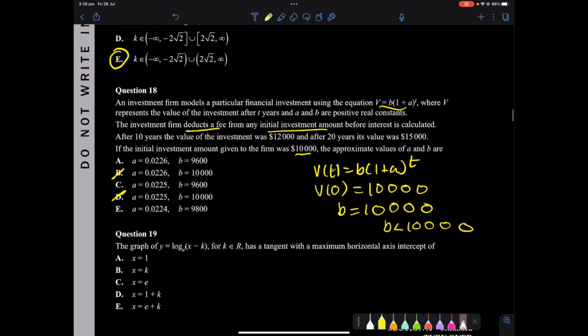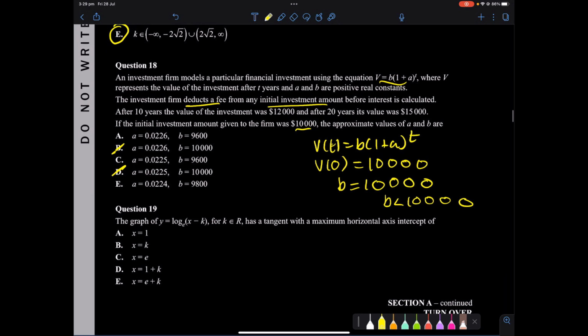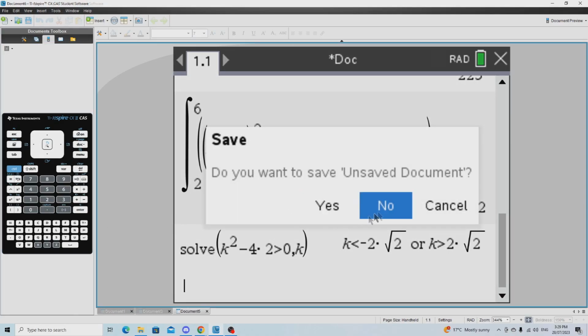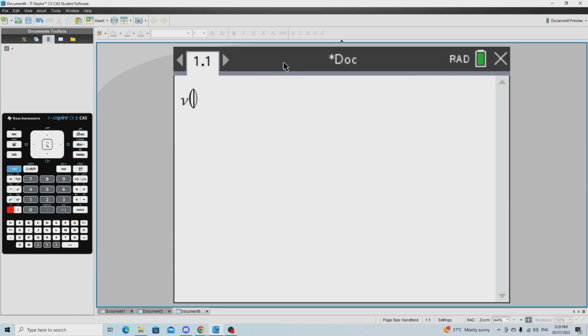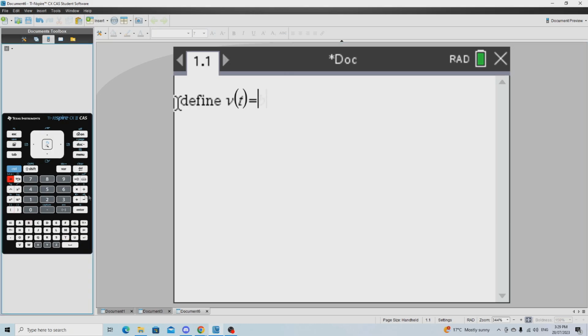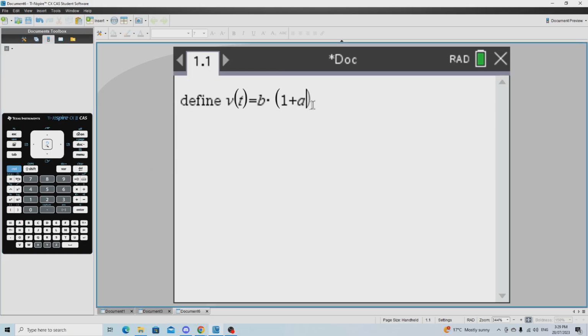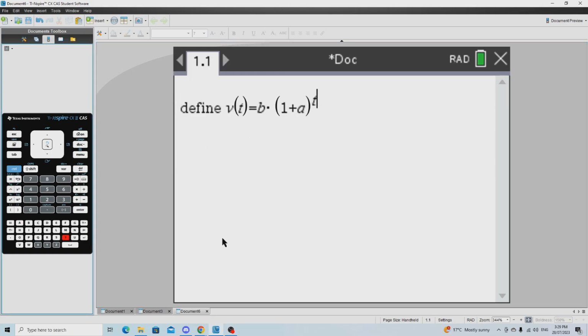Okay, to calculate this, I know at least that V of 10 is equal to 12,000, and V of 20 is equal to 15,000. I'm going to use my calculator to solve that. So Control N, I'm going to define V of T. So define V of T is equal to B times 1 plus A to the power of T. Okay.